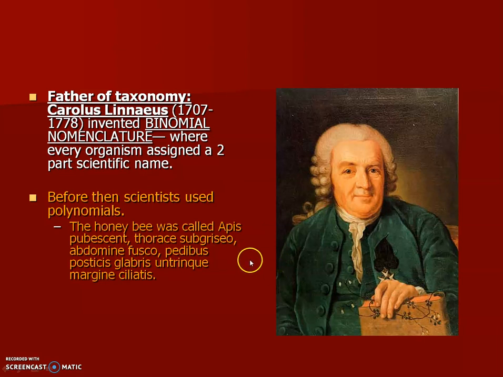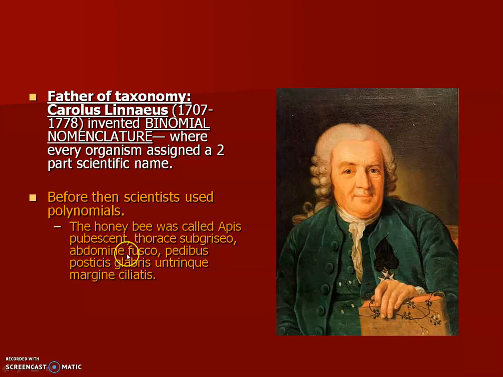The reason he did this is before he developed his system of binomial nomenclature, which is where every organism gets a two-part scientific name, scientists used polynomials. So if you wrote a scientific paper about the honeybee, every time you referred to this animal, you would have had to write Apis pubescens thorace subgriseo abdomine fusco pedibus posticis glabris utrinque margine ciliatis, where each one of these names in the many-name polynomial is just a descriptor for a different part of the honeybee.